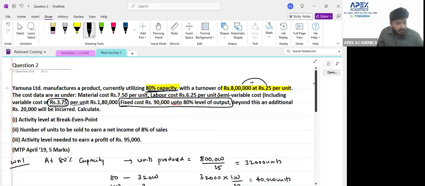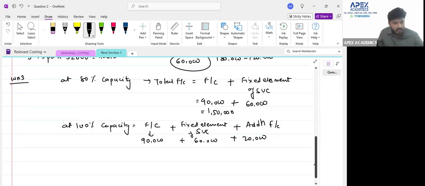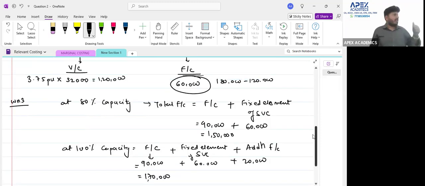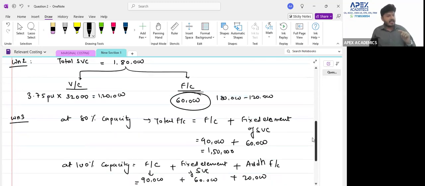Beyond this, an additional 20,000 will be incurred. So I will write over here plus additional fixed cost, which is 20,000. What is it equal to in total? 1,70,000. So I have now got the 100% capacity breakup of SVC, which was necessary for understanding the total fixed element.